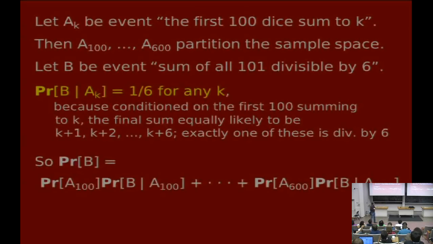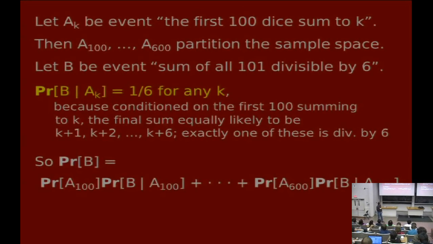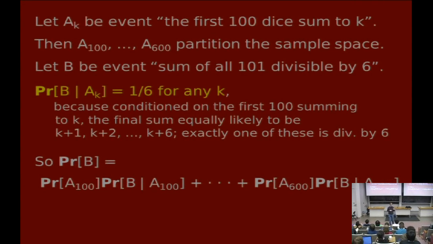So we can finish by using the law of total probability. The probability of B, divisible by 6, is the probability of A100 times the conditional probability plus and so on. And the beauty of this trick is that we don't actually care what, let's say, the probability of A100 is. Okay, the probability of A100 is not too hard to figure out, right? There's only one way to get 100. It's (1/6)^100. But figuring out the probability of 303 is like impossible.